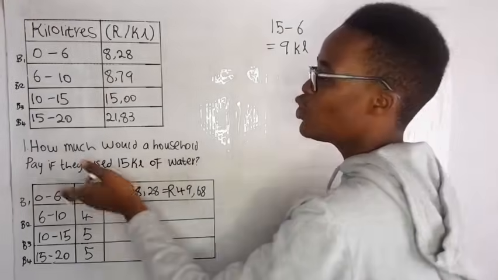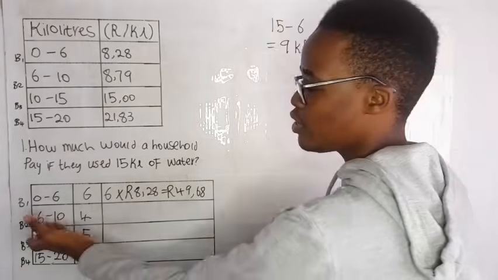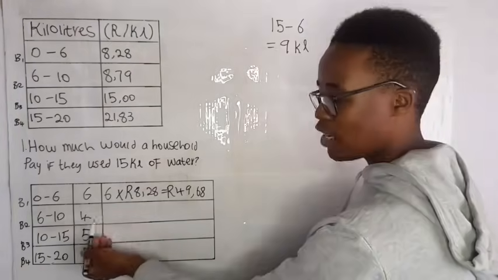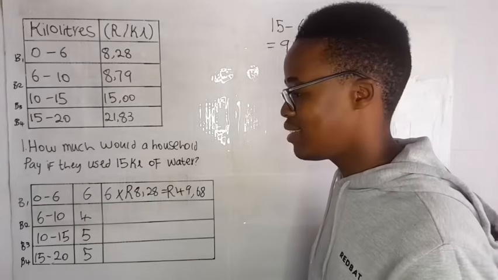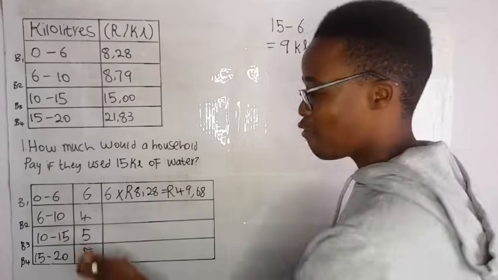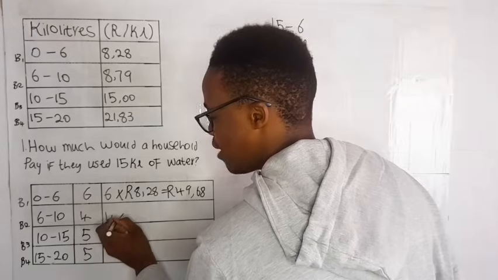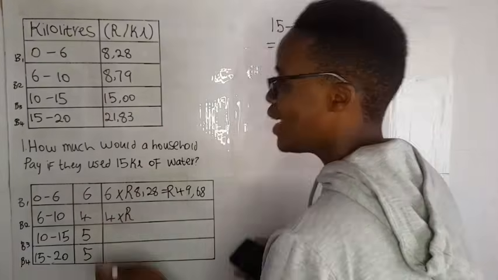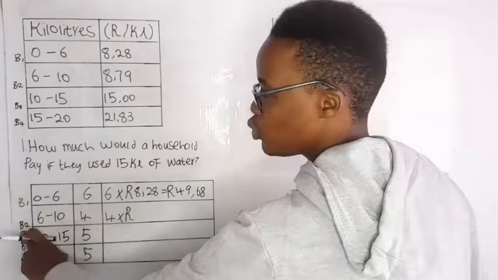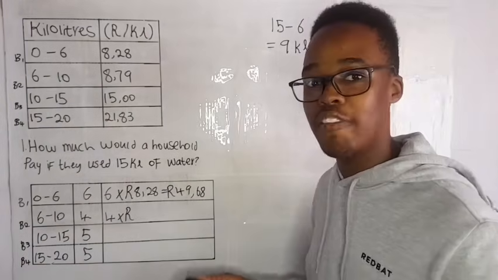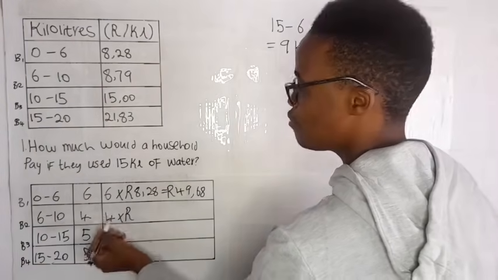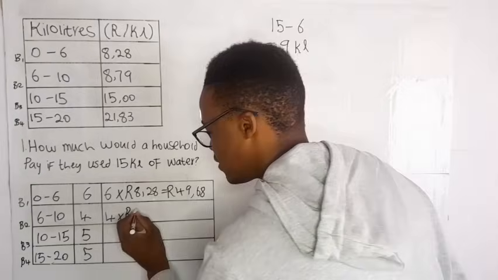You go to the second block, and on the interval we have 4 kiloliters. You're just going to take the 4 kiloliters and multiply it by the amount on block 2 on the table that you have been given. So it's going to be 4 multiplied by 8.79.